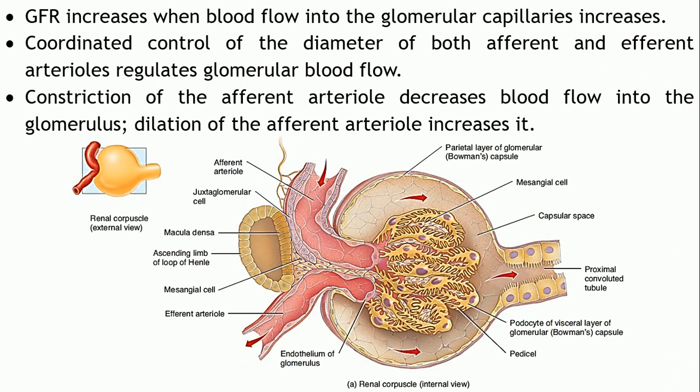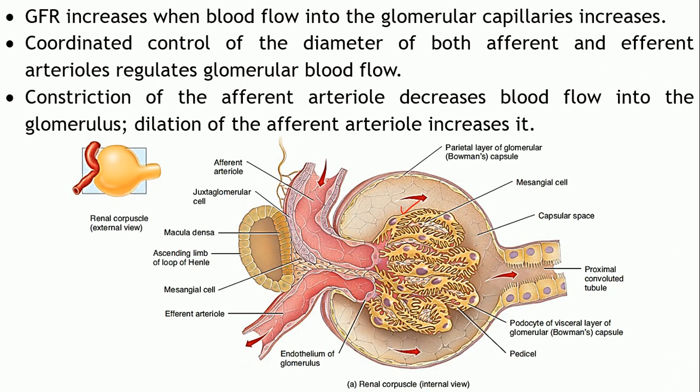Okay, so as the blood flow increases into these capillaries, the GFR will also increase. By altering the diameter of the blood vessels, the blood flowing through the glomerulus can be altered, and that's how adjustments in the filtration rate are made possible.